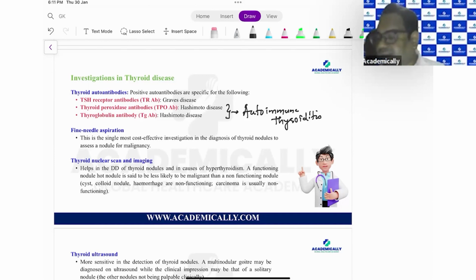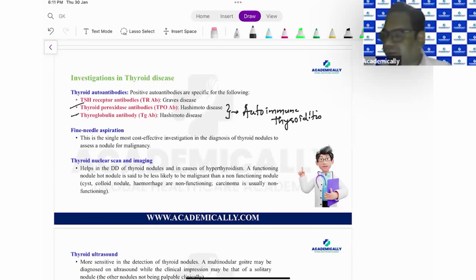What are the antibodies? Thyroid peroxidase antibody and thyroglobulin antibodies. They will cause destruction of the thyroid cells because of autoimmune thyroiditis. Hashimoto's disease is the commonest cause, which we will study in some time.